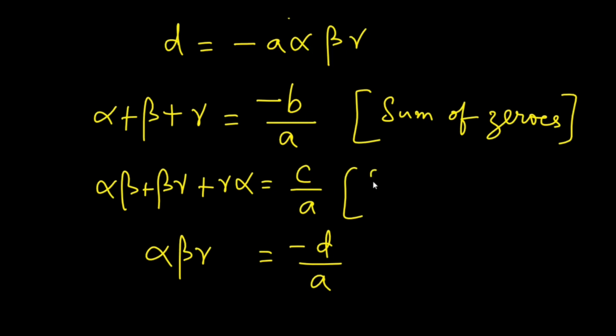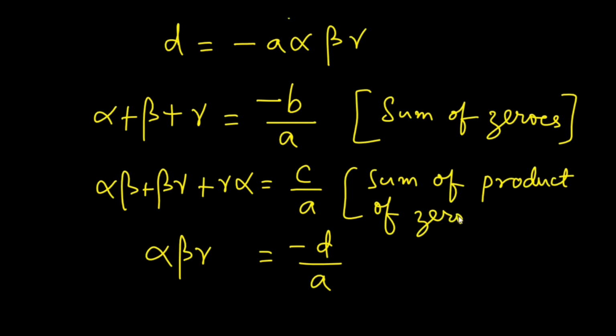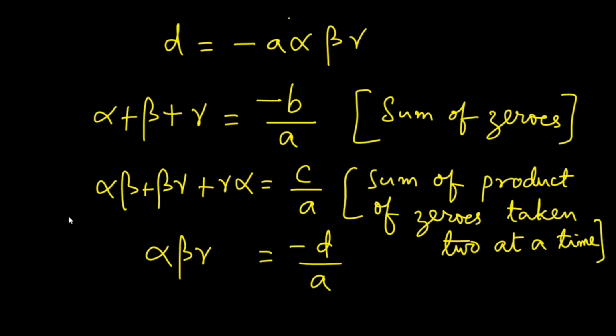This is the sum of products, this is the sum of product of zeros taken two at a time, and this is the product of zeros.